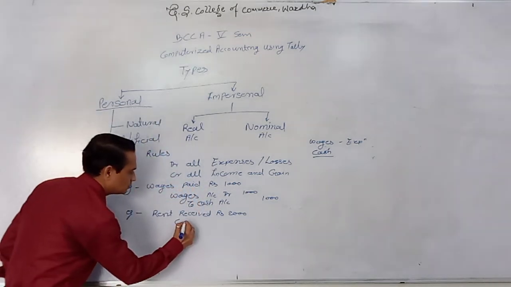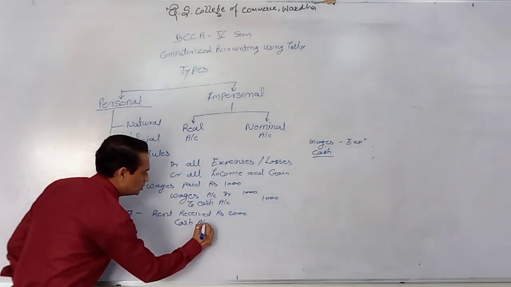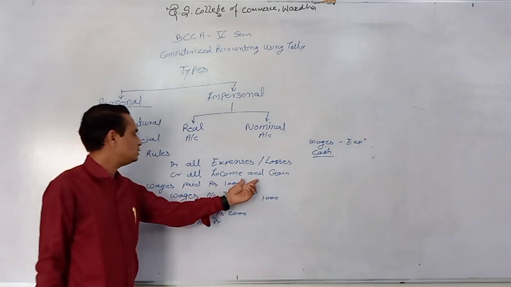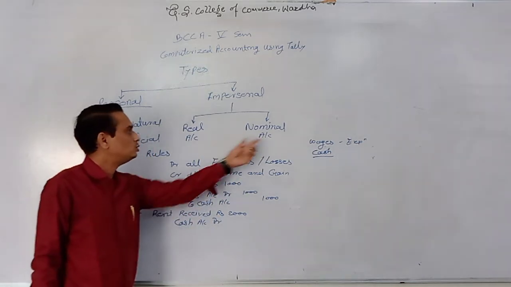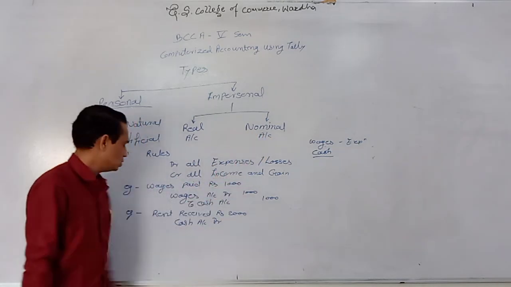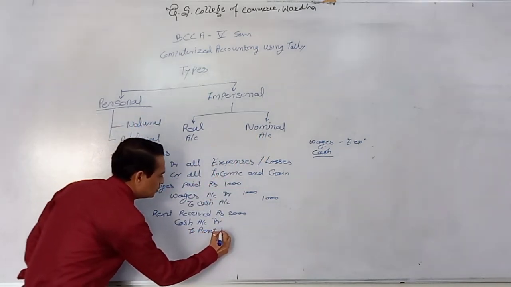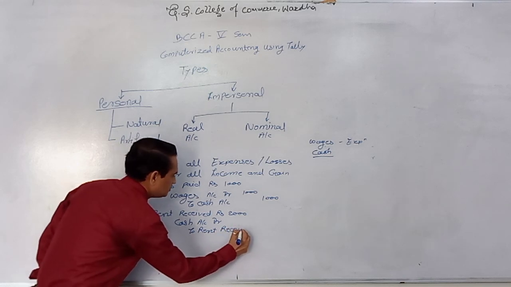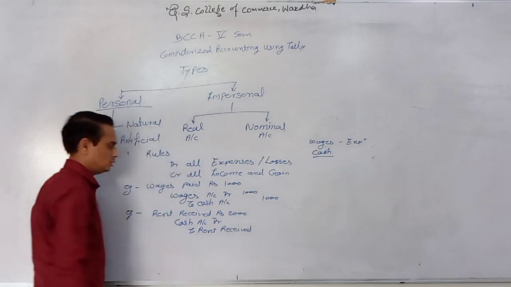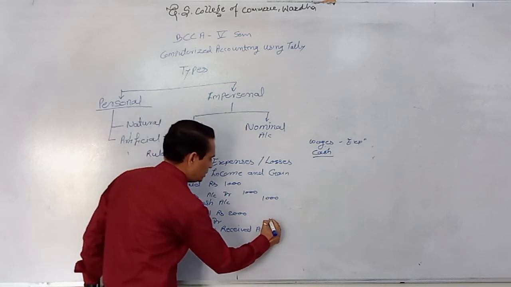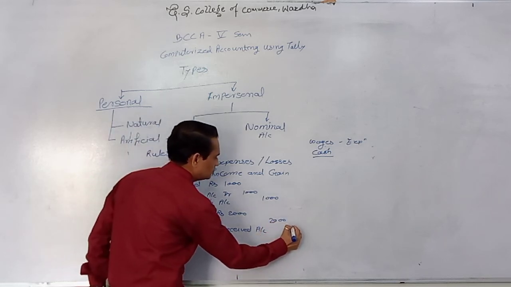So cash account debit, and all incomes and gains should be credited according to the nominal account. So to rent received account of rupees 2000.